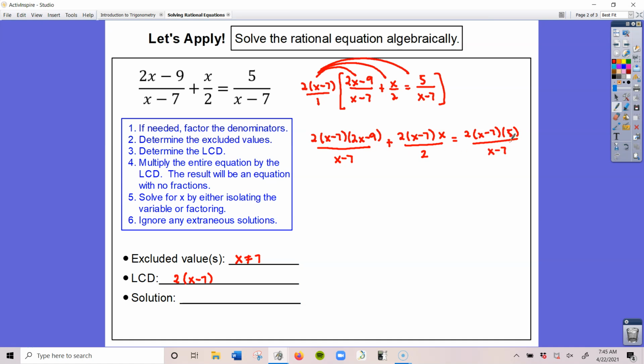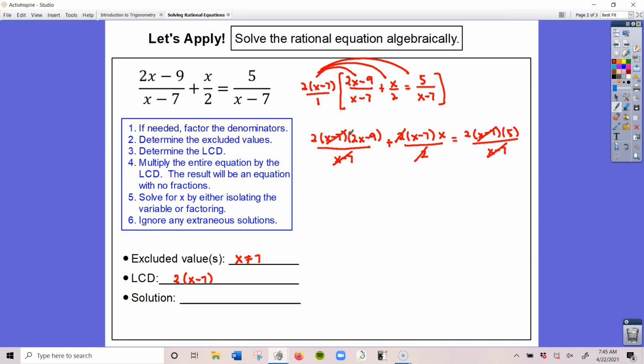When you have distributed everything, think about when we were simplifying these rational functions. In this first one, we have this x minus 7 in the numerator as well as in the denominator, so they would cancel. Here, we have this 2 in the numerator as well as in the denominator, so those would cancel. And here, I also have this x minus 7 in the numerator as well as the denominator, so those would cancel.